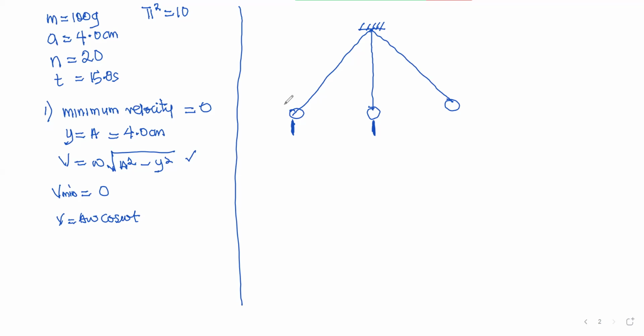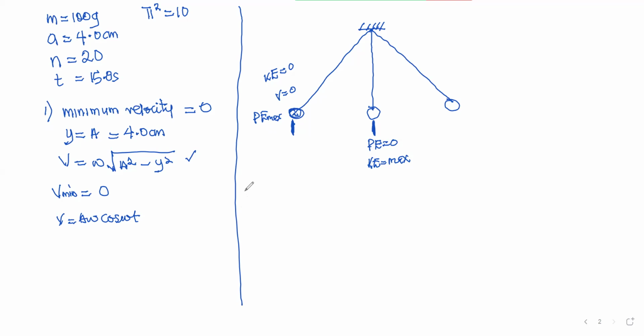So at the extreme, v is 0, velocity is 0, meaning kinetic energy is also 0. But potential energy is maximum here at the extreme. At the midpoint, potential energy is 0, but kinetic energy is maximum.